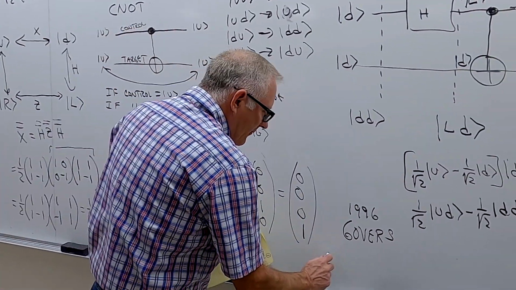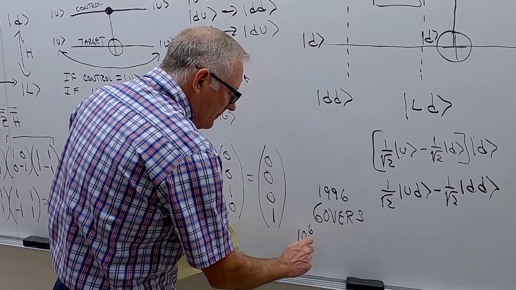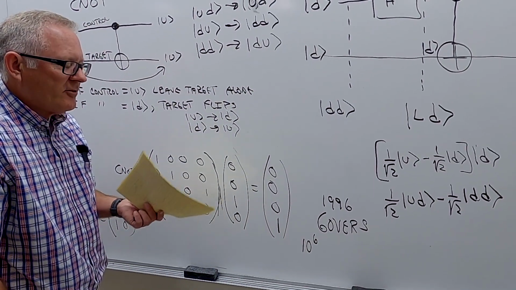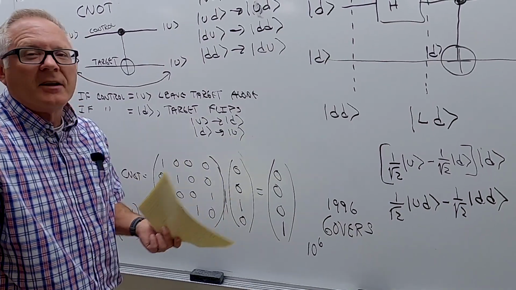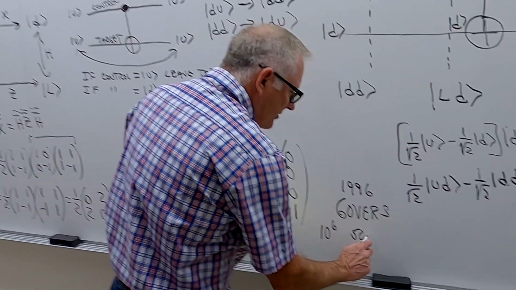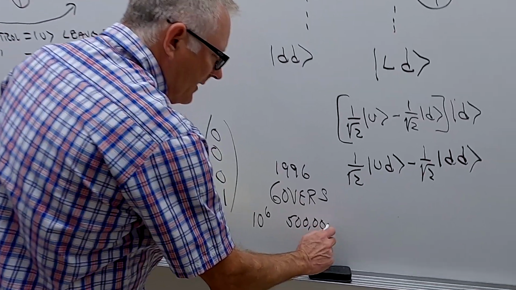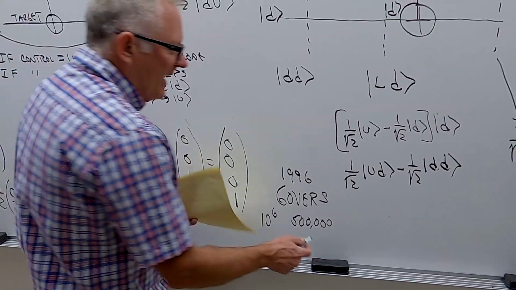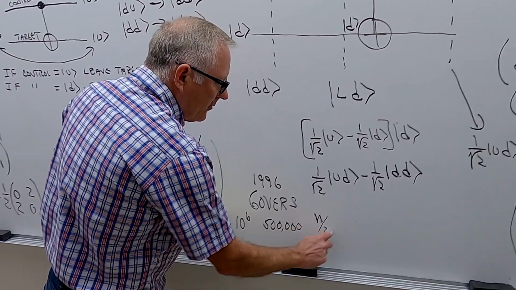Well, if you're trying to find 1 million things, you're going to have to look at like 500,000 places to get a 50-50 shot. So to get a 50-50 shot, you really have to search n over 2 places.